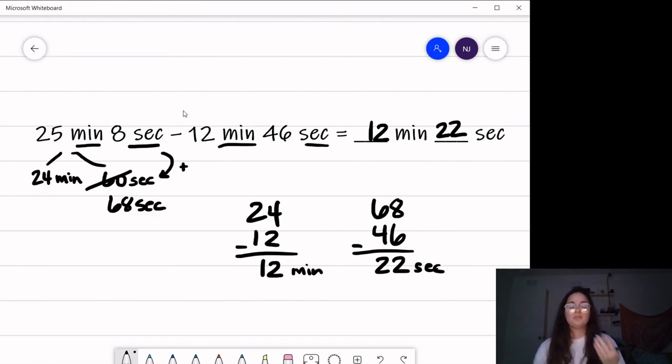And I can tell myself, well, I know that 60 seconds are in a minute, so that's going to help me get in the right mindset for what I'm going to do to solve this problem. Because if we were working with days and hours, then I would need to ask myself, what do I know about the relationship between days and hours? I know that there's 24 hours in a day. And so then you're able to hone in on the correct conversions that you're going to be using in solving the problem.